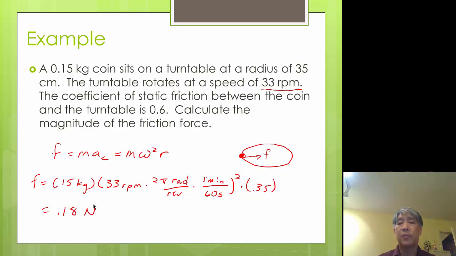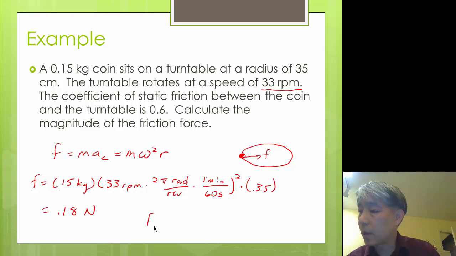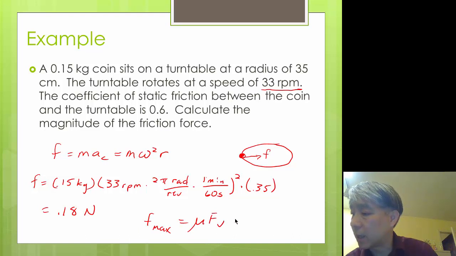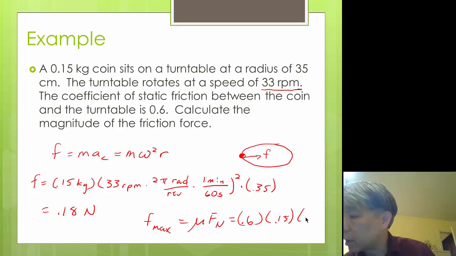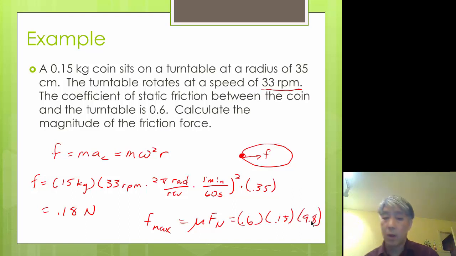So not a lot of force, but it's not a very heavy coin either, only 0.15 kilograms. Now, to be complete, I should really double check this against whether it falls within that range for static friction. Static friction max would be mu Fn in this case, or basically 0.6 times 0.15 times 9.8.